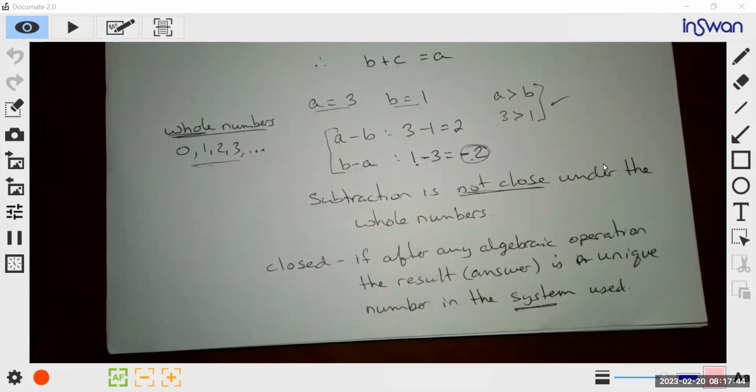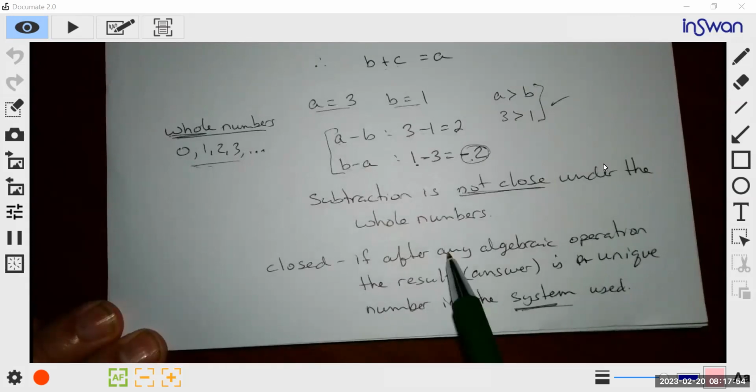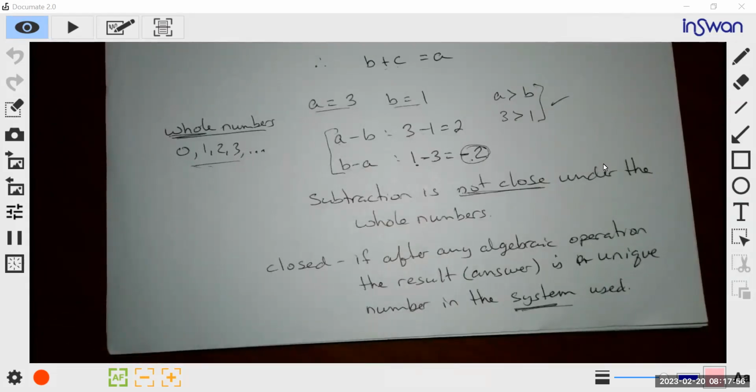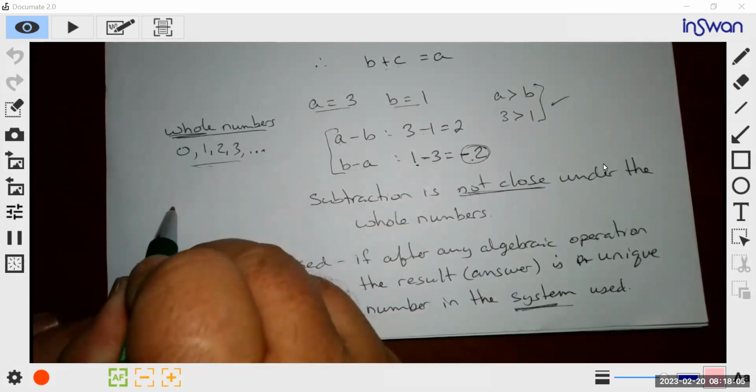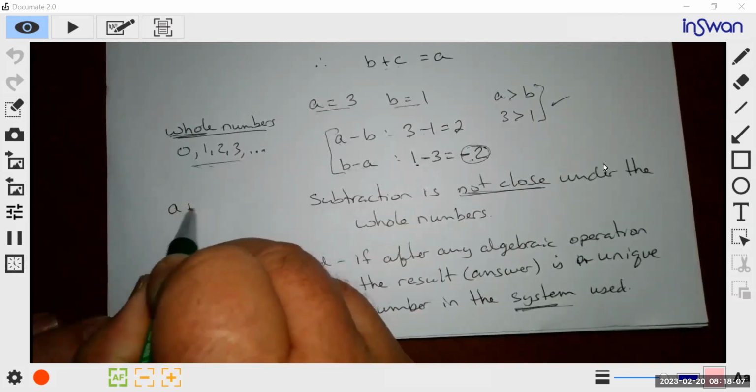We could just be talking about integers, or we could talk about counting numbers. So that's the system. Once you define where your numbers are, then we can see is the algebraic operation add, subtract, multiply, divide, is that closed? Meaning, if I do any operation, let's say a plus b.